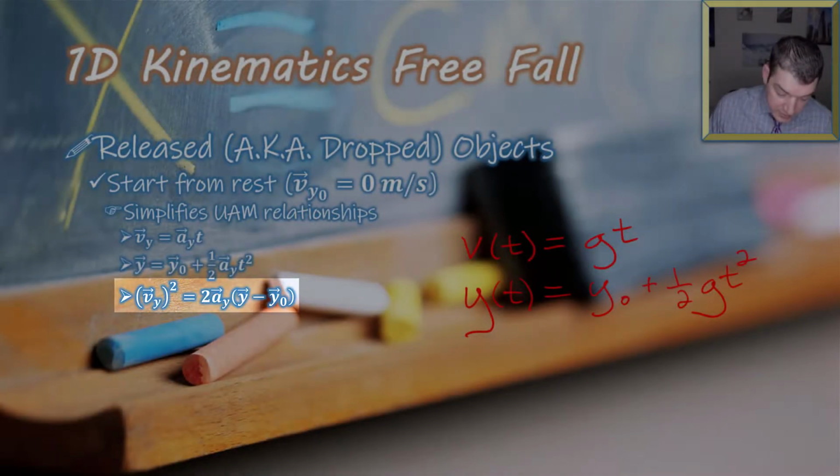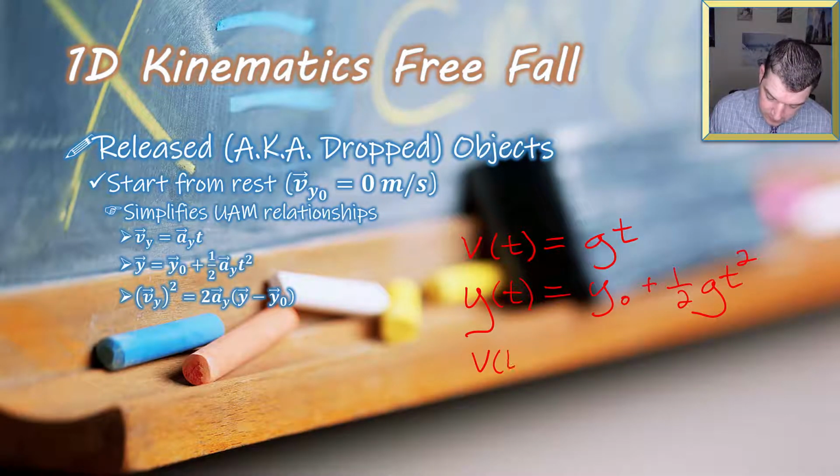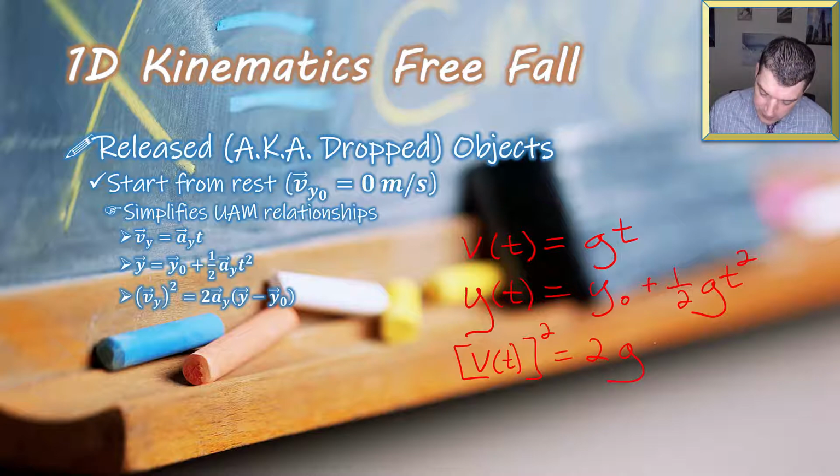V final squared equals v initial squared plus 2 times acceleration times change in position. However, since our initial velocity is 0, our velocity as a function of time squared is going to equal 2 times the acceleration due to gravity times our change in position, or our vertical displacement. Again, being careful about assigning down as a positive or negative direction.